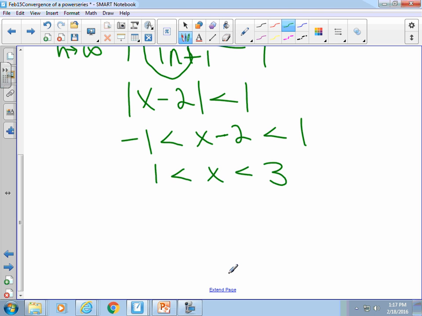Anytime you do a ratio test, if you have an x, now a lot of the time we don't have an x involved, and then it's just a straight test. We're done. The only time we end up with an interval at all is when there's an x involved in the sequence itself. It converges on certain x values, but diverges on other x values.